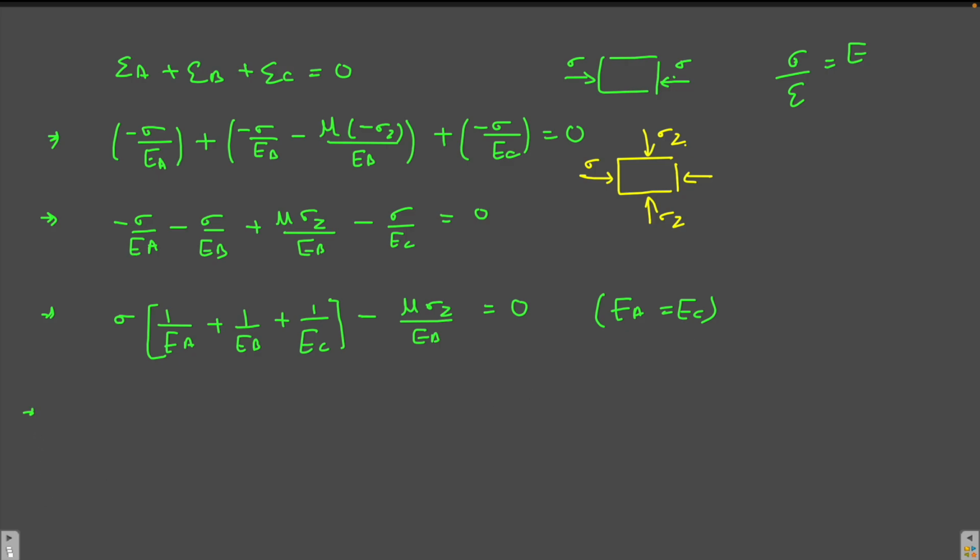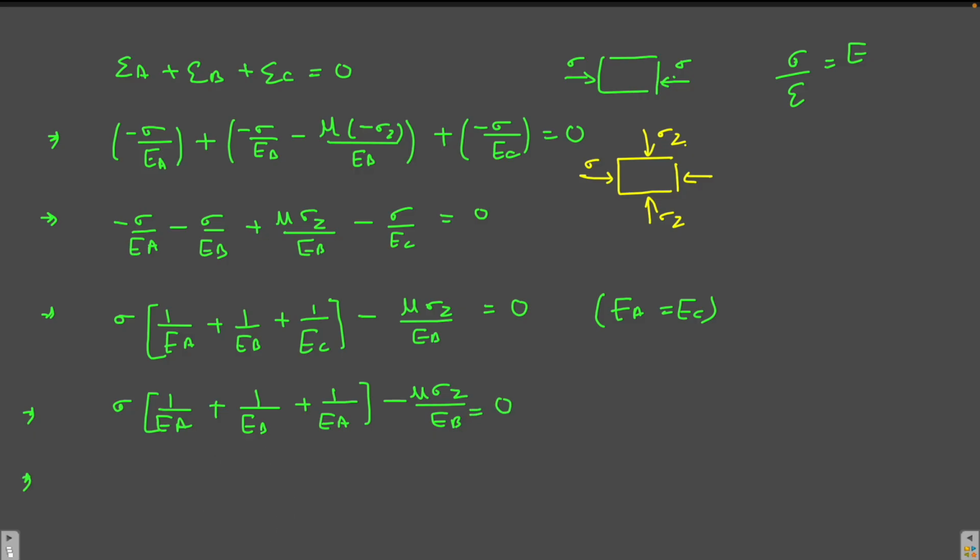So can we write this EC as EA? So sigma, and let me write one more step, (1 by EA plus 1 by EB plus 1 by EA) minus mu sigma z by EB is equal to 0.